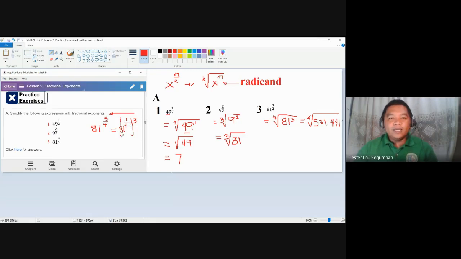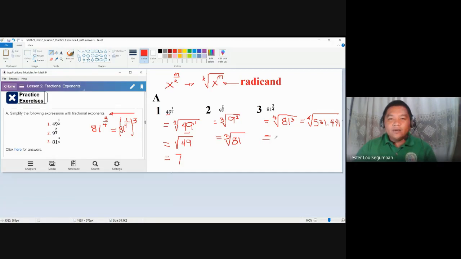Why do we do this? Because if we have this expression, it's easier for us to take the value of the simplified 81. Convert this into a radical expression.